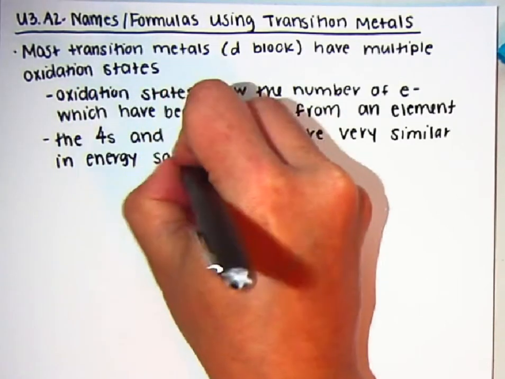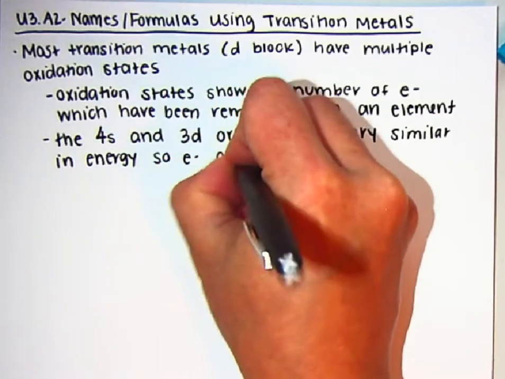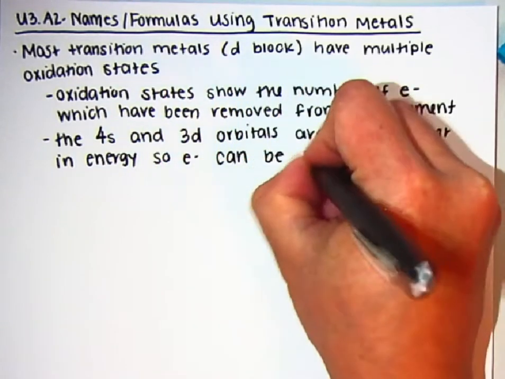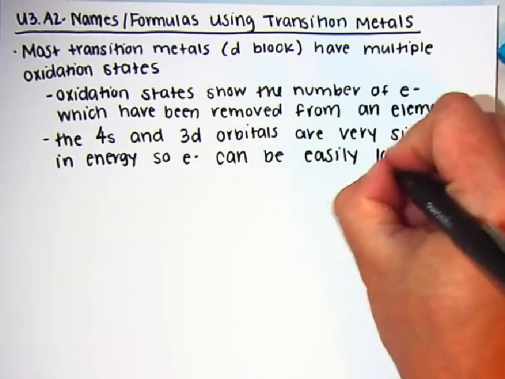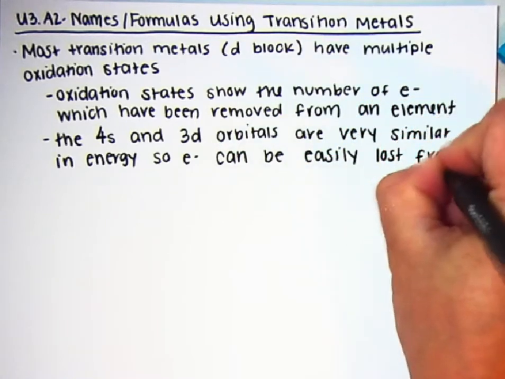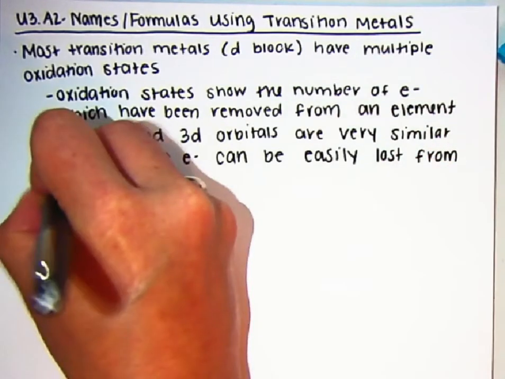So electrons can be easily lost from either orbital.